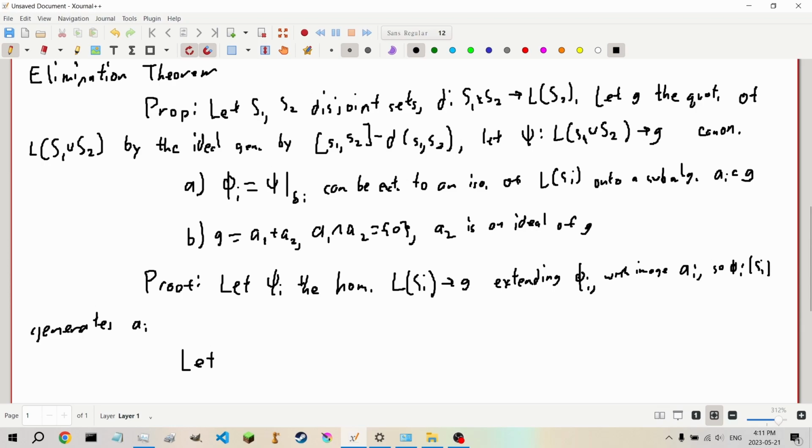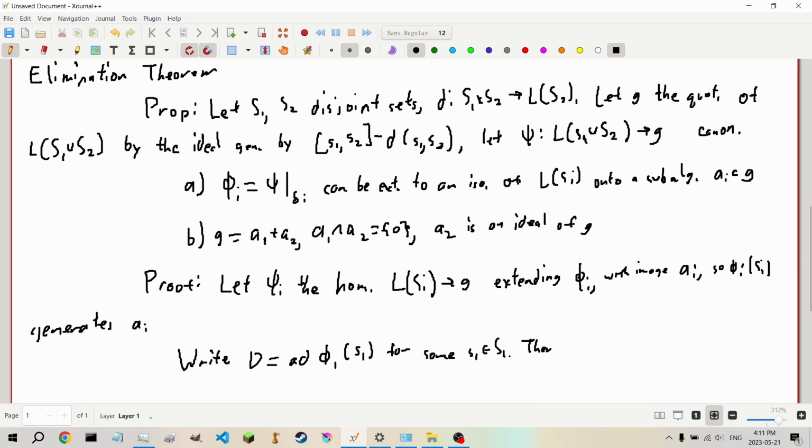Okay, let's write D to be the adjoint of the image under phi1 of s1, for some s1 in S1.